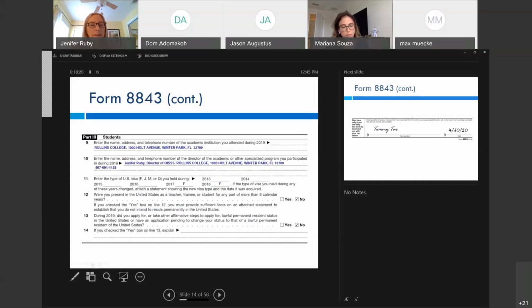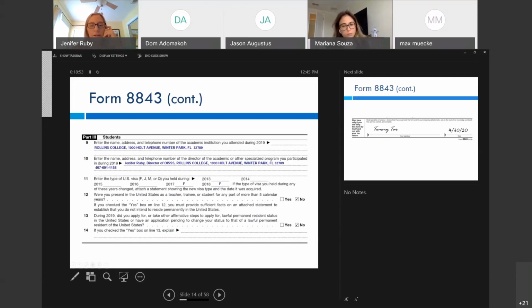So number 11, you're going to enter any visas you held during the years referenced here, from 2013 to 2014. And again, they're only looking for F, J, M, or Q. You don't have to enter that you had a tourist visa during any of those years, which many of you probably have had.